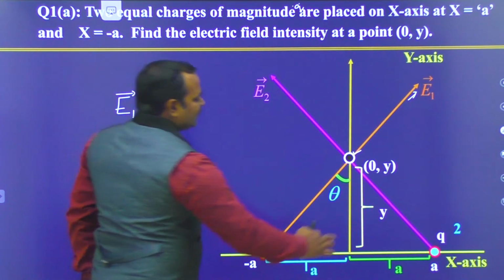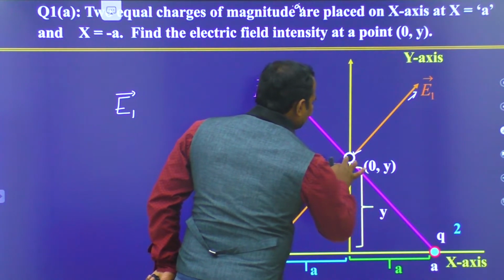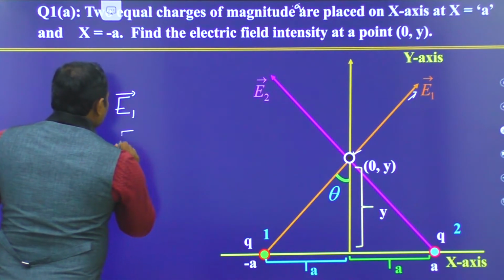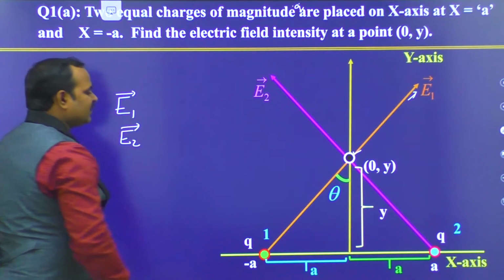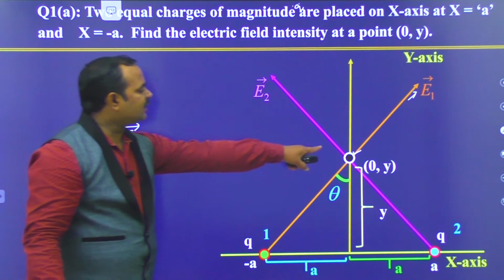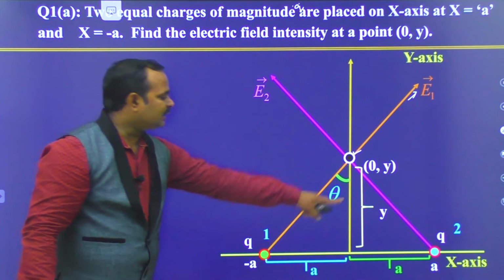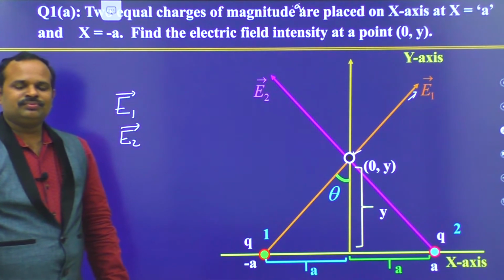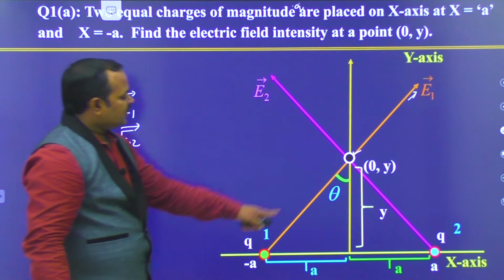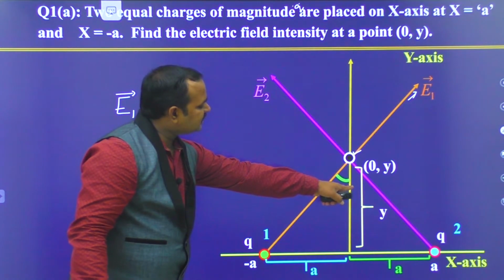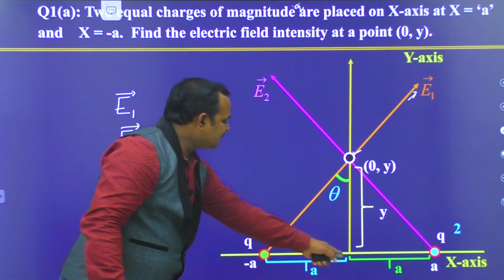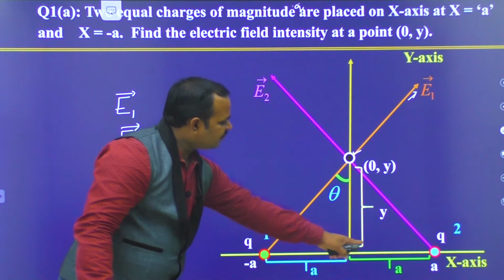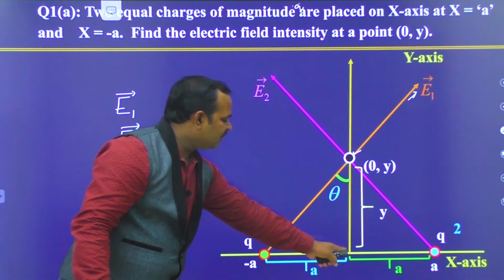This is the electric field E2 bar produced by charge 2 at the point (0, y), and the direction is in this direction. Here also, if this is theta, similarly this is also theta, because these two charges are symmetric about the origin.